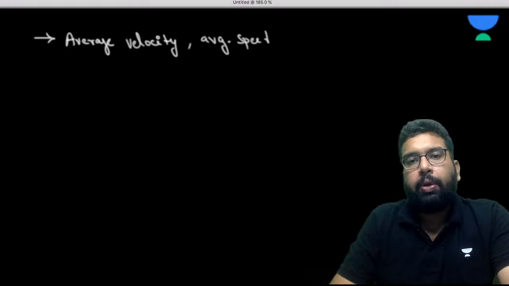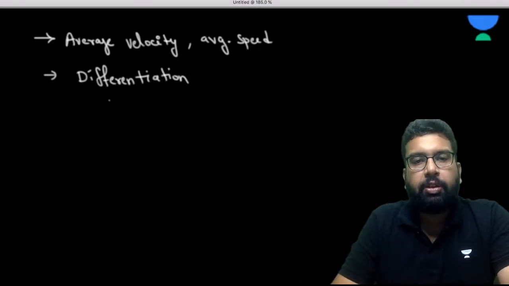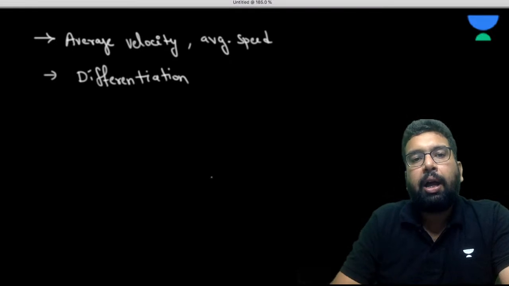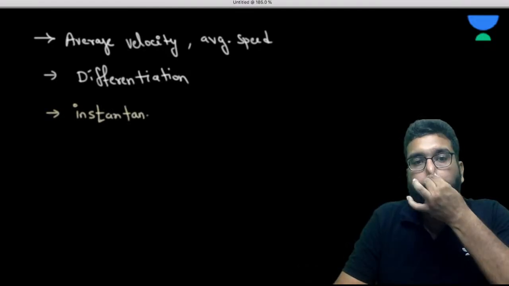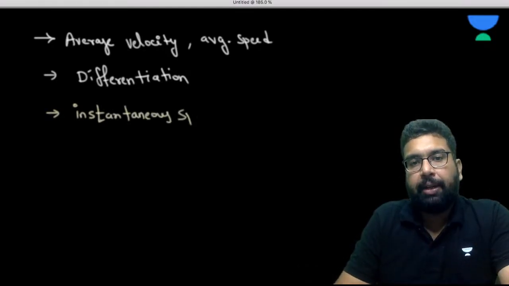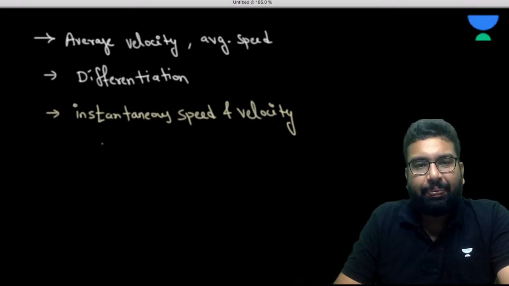Then we talked about how much differentiation is required for NEET preparation. Now in this session we will talk about the concept for which we learned differentiation, that is the concept of instantaneous speed and velocity.